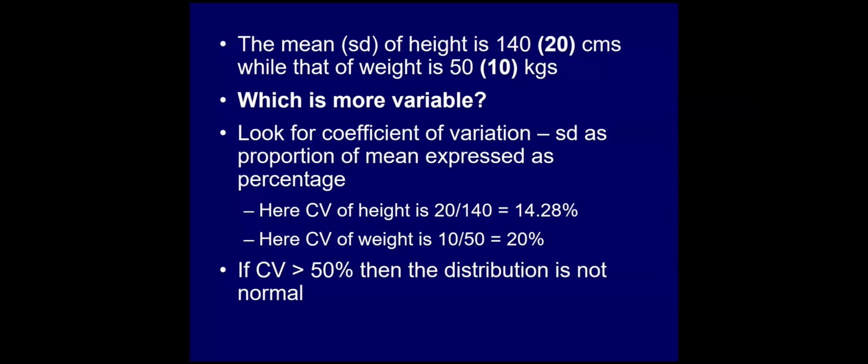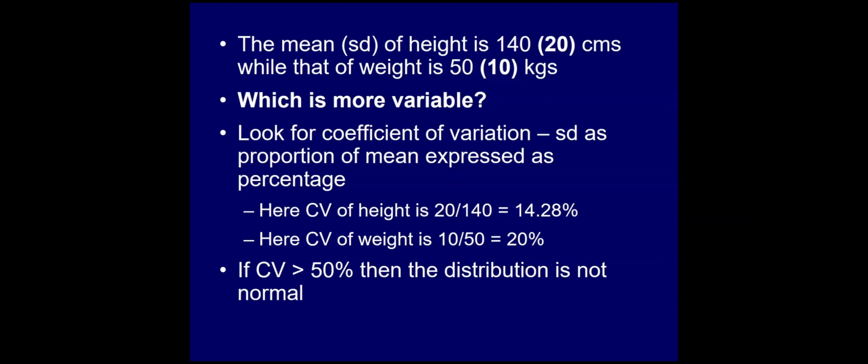So always, when you think of any mean and standard deviation, people may ask whether it's normally distributed or not. One of the ways to decide whether it is normally distributed or not is if your coefficient of variation is more than 50%, that means if your standard deviation is more than half of the mean, then the distribution is usually not normal.